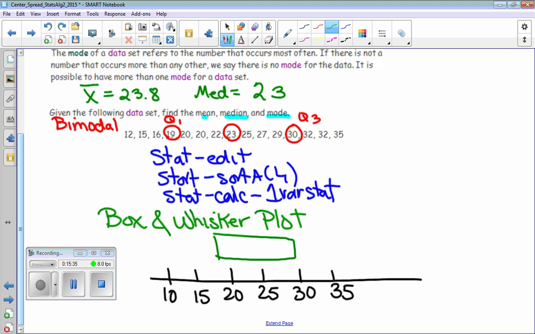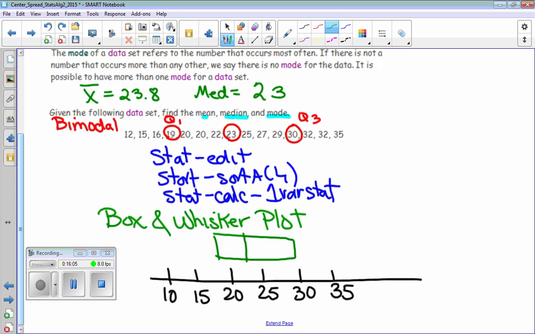The upper end of my box should be at 30 because that's quartile 3. There's a line that goes inside of the box, and that represents the median. And our median was at what? 23. So I'm going to put that number right here, about 23. So Christian, you should be writing this on your paper at the bottom, drawing your box and whisker plot. I've already printed the notes, but I want you to write this information down.